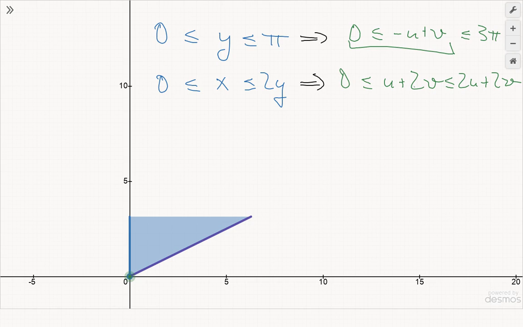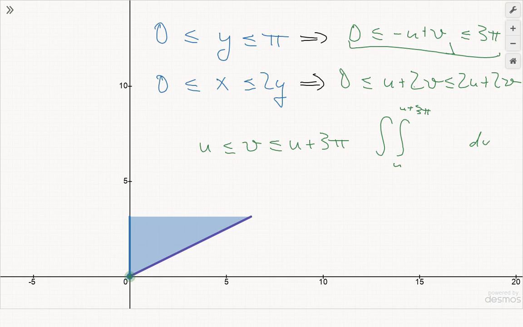The first one gives us u less than or equal to v less than or equal to u plus 3 pi. Those are some good bounds for v: if we put du on the outside, then we would have u and u plus 3 pi.